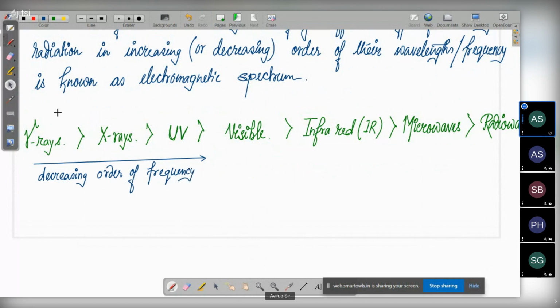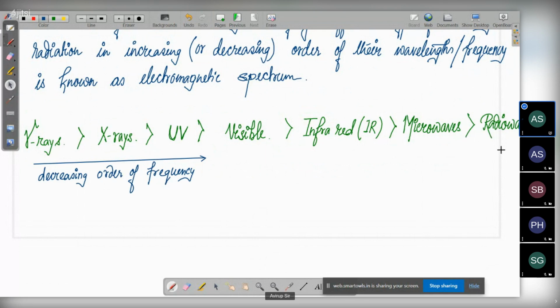Gamma ray has the highest frequency, followed by X-ray, then UV, then visible, then IR, then microwaves, and then radio waves. So see, we have arranged them. It was said either in increasing or decreasing order of their wavelength or frequency. This has been arranged in decreasing order of their frequency.